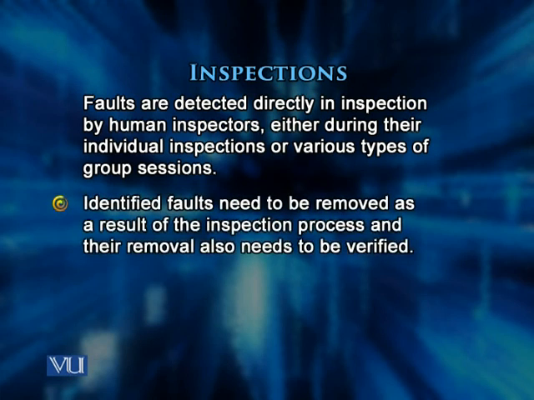Identified faults need to be removed as the result of the inspection process, and their removal also needs to be verified. This is similar to the discussion we had on the reviews.